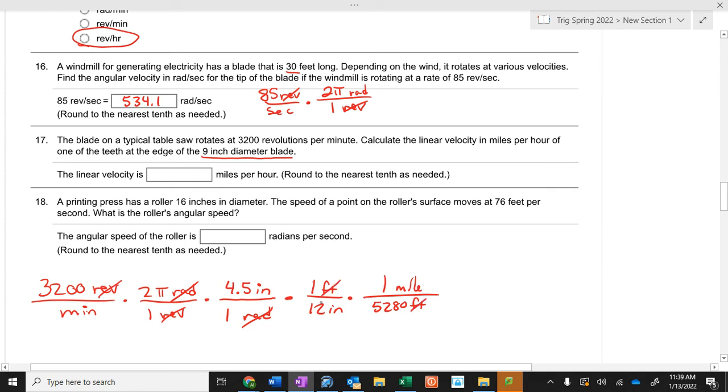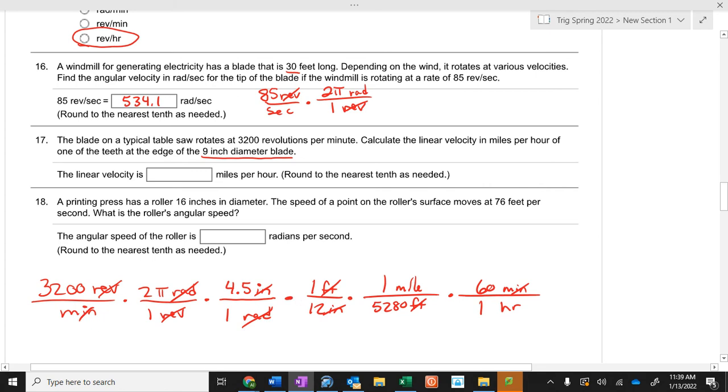So feet and feet cancel, inches and inches cancel. And now we have miles per minute. We need miles per hour, so we multiply by 60 minutes per 1 hour. Minutes and minutes cancel. So then we get miles per hour.